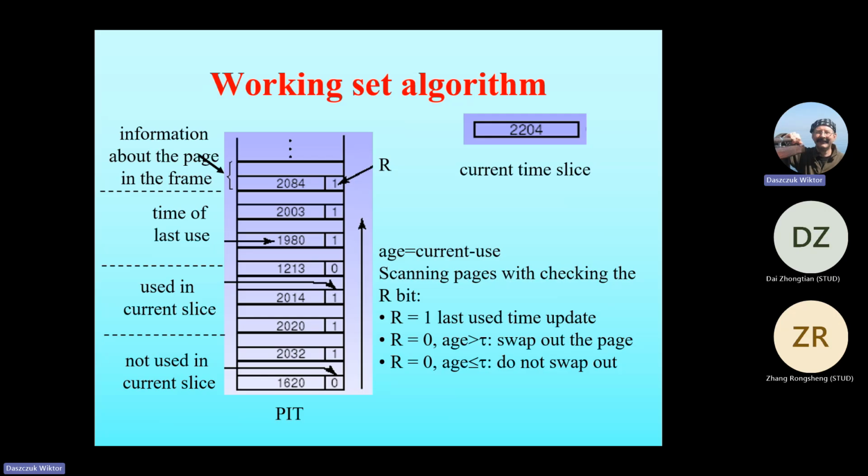And we have an algorithm using this working set. It numbers the time slices in this computer. Current time slice is 2204. And in the page index table, we have a reference bit as usual, but additionally, we have when this page was lastly used.